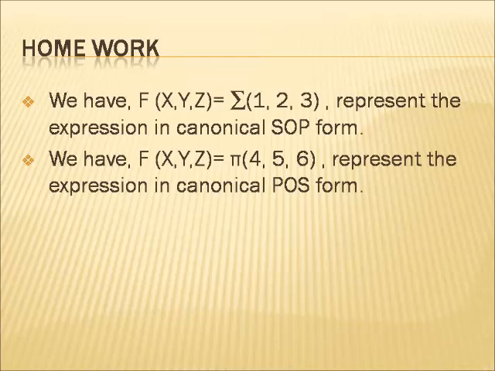So canonical SOP means you have to represent the same using the x, y, z variables, right? And the second one, you can see that it is in the product of sums form. I have given it in the canonical form, that is f of x, y, z is equal to pi of 4, 5, 6. So you have to represent that using the canonical POS form, that is in terms of x, y, z. Okay.